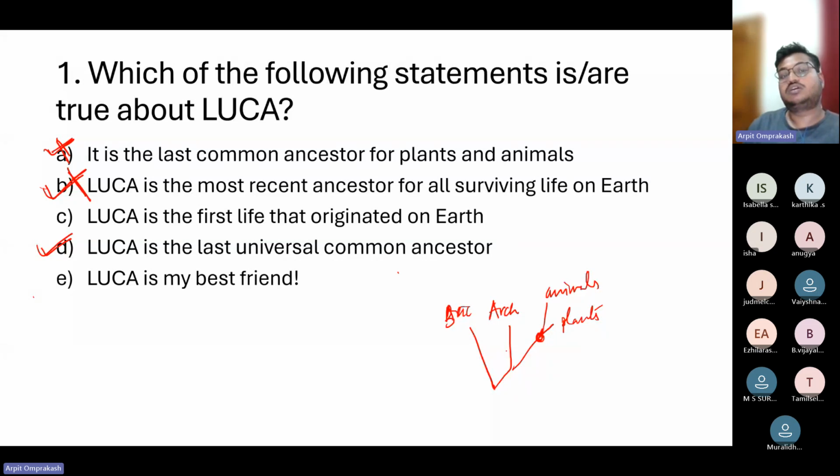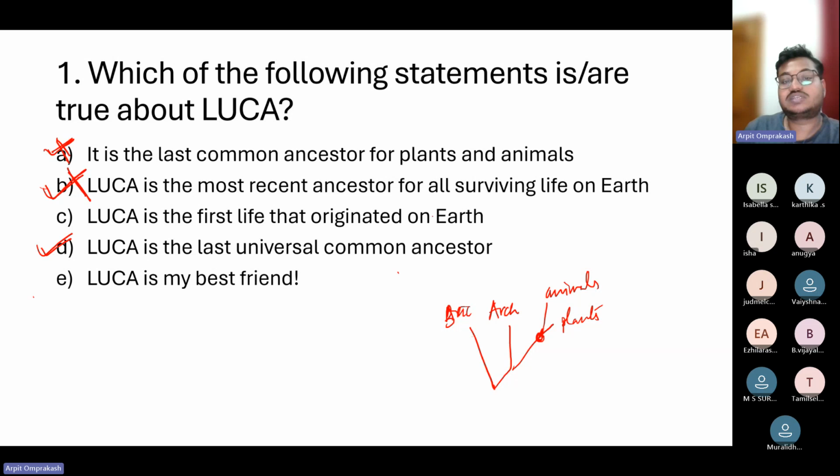Luca is the most recent ancestor for all life on Earth, whether or not it is still surviving, because there are many species of bacteria and archaea which are extinct. There are many species of plants and animals that are now extinct, for example, the dodo. But still, the last universal common ancestor is the most recent ancestor for them also. So option B is also not correct.